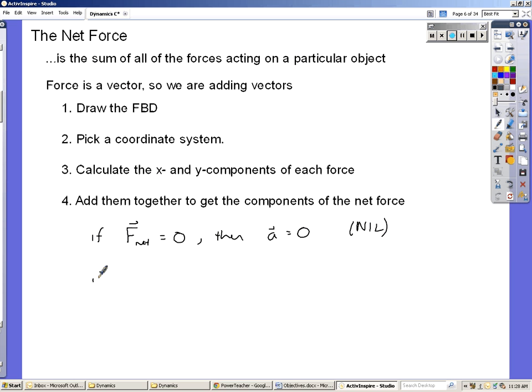And if the x component of the net force equals 0, then the x component of the acceleration equals 0, and so also for the y component and z component. So generally, if the net force in a particular direction is non-zero, then there will be an acceleration in that direction.